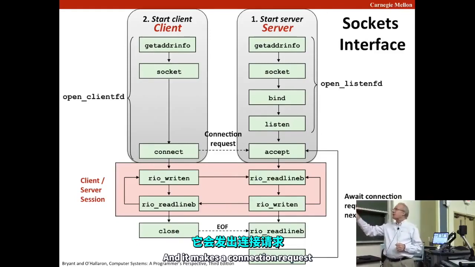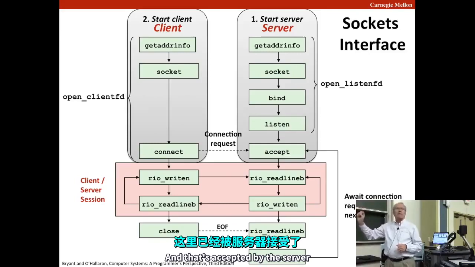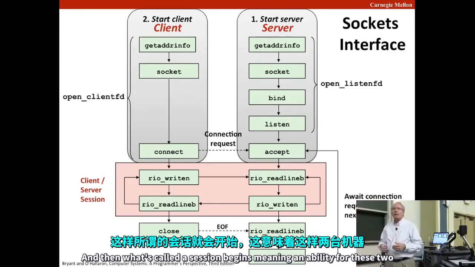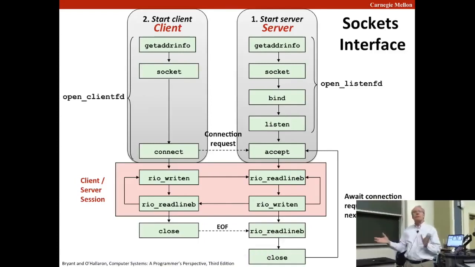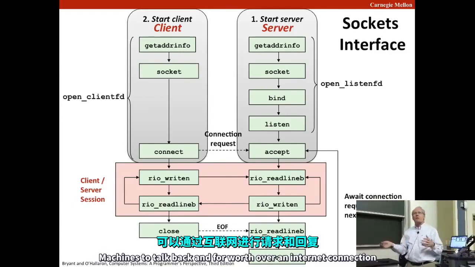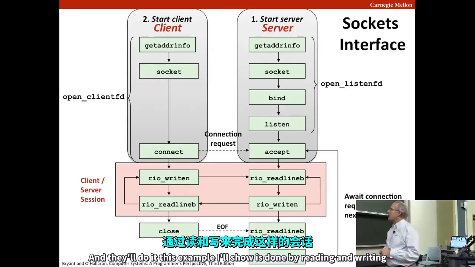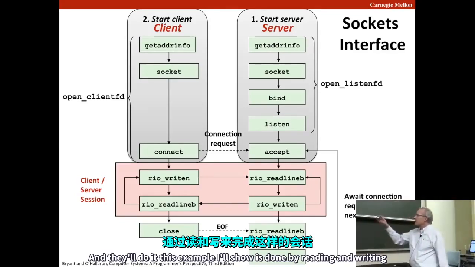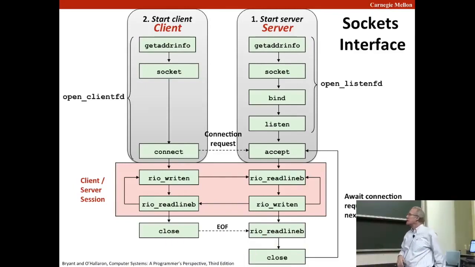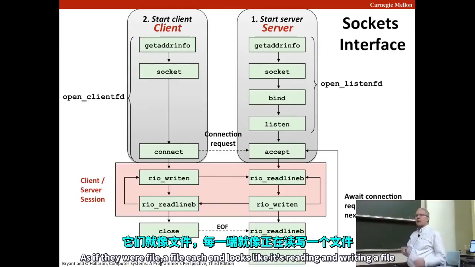It makes a connection request, that's accepted by the server, and then what's called a session begins, meaning an ability for these two machines to talk back and forth over an internet connection. In the example I'll show, they do it by reading and writing as if they were a file. Each end looks like it's reading and writing a file.